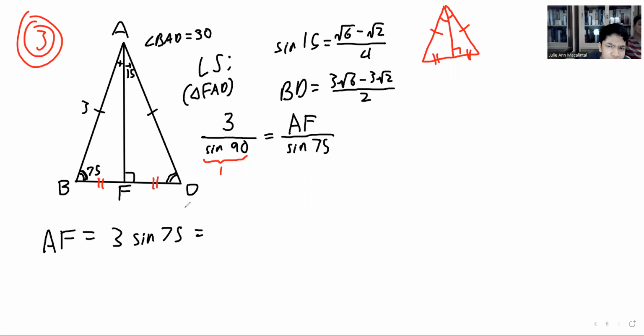Does look like a mess. Sine 75 is... I already put it. But what's sine 75? Easy. I just have to change to the... Oh! As it turns out, sine 75 is sine 15's complement.